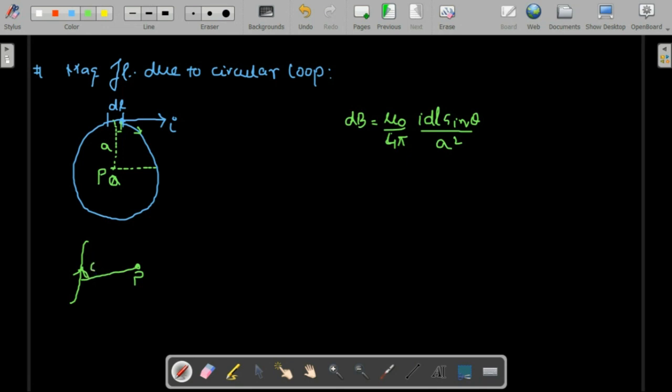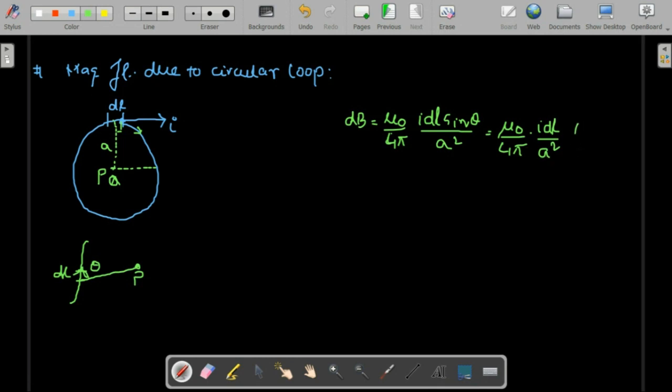This is the angle theta between the small current carrying element and the position vector. So if we look here also, it is nothing but 90 degrees. So I can simply write it down as mu naught by 4 pi into I dl, sine 90 is 1, divided by a square.